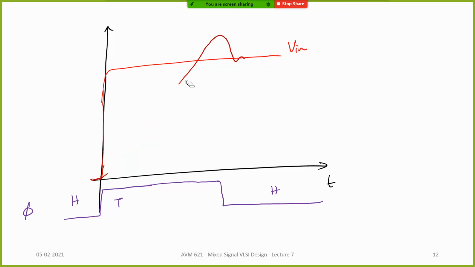Okay, I think I have to change the scale of my diagram. Let's say here it is slewing, and then the op amp is having some overshoot, right? This is due to slew rate.